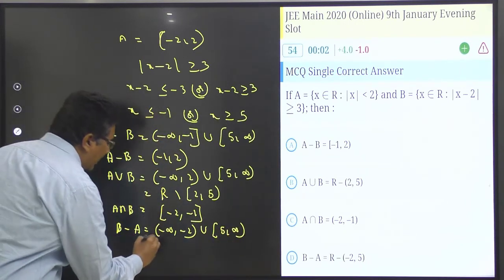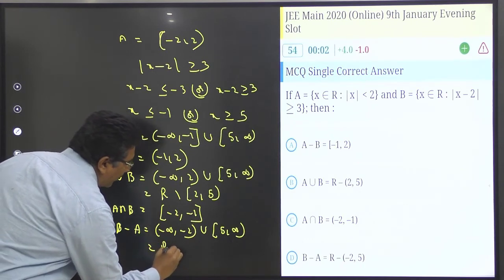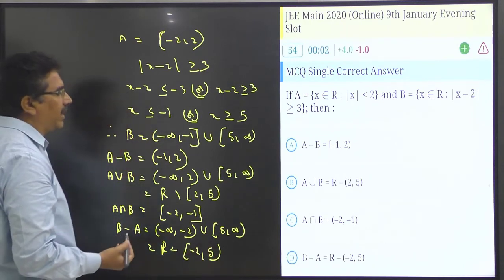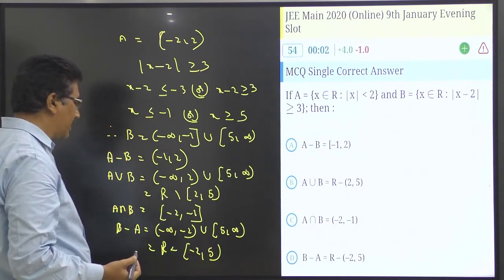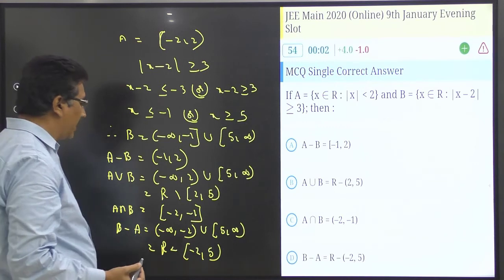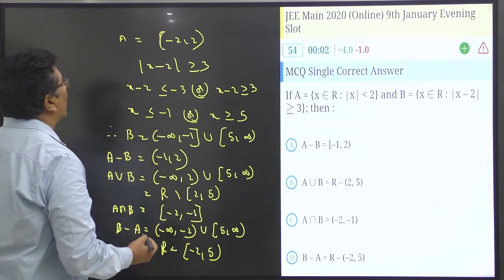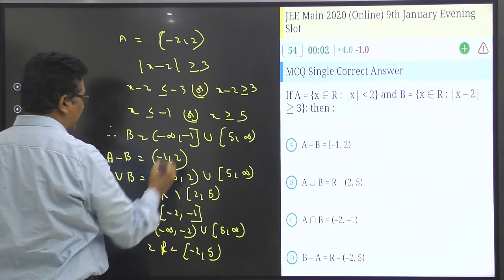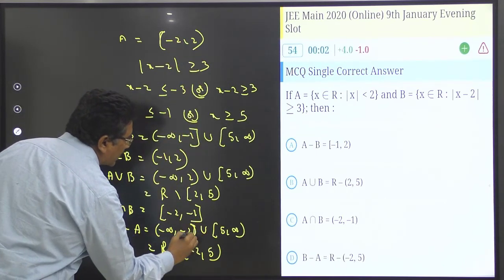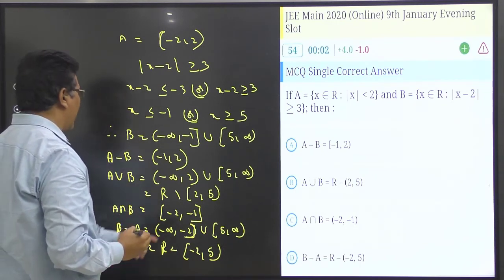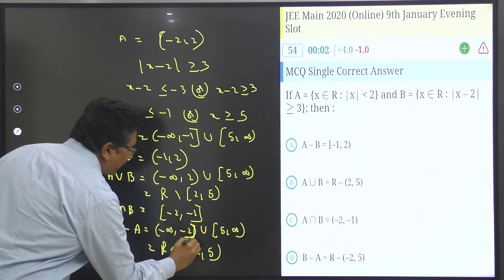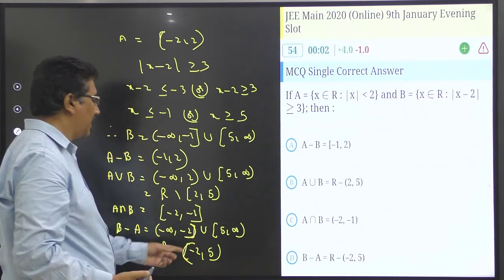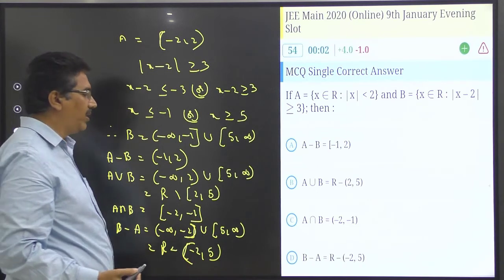This can be written in another form, R minus [-2, 5). Here minus 2 is closed and 5 is open, so it is R minus the interval (-2, 5).